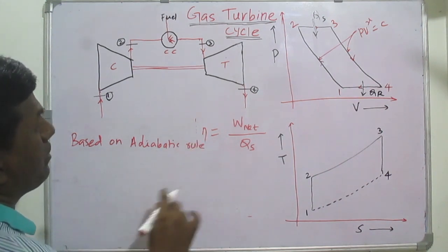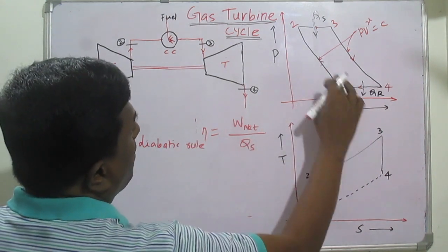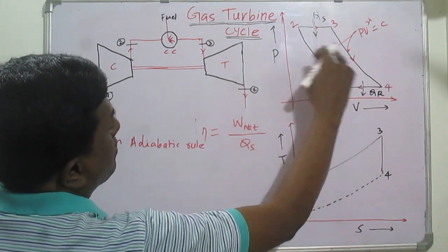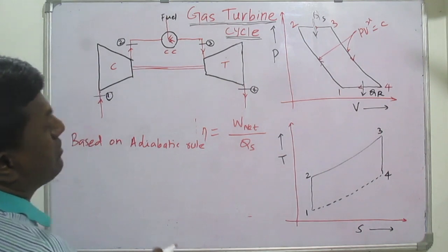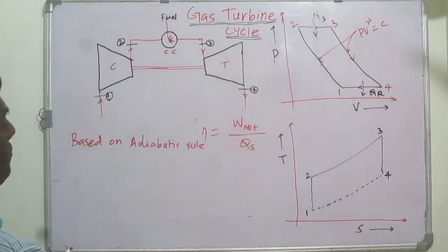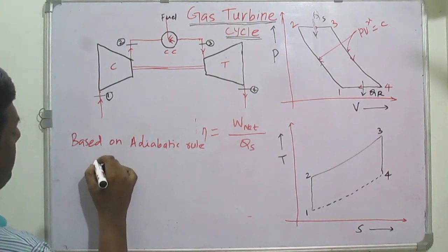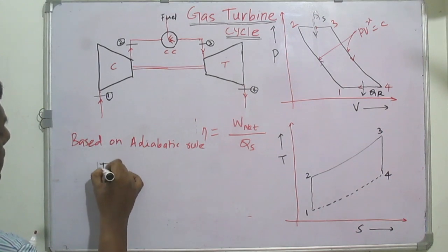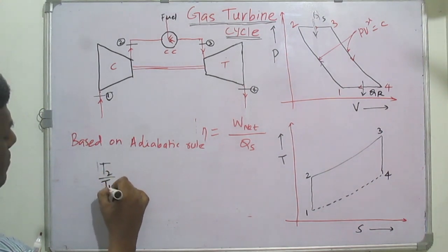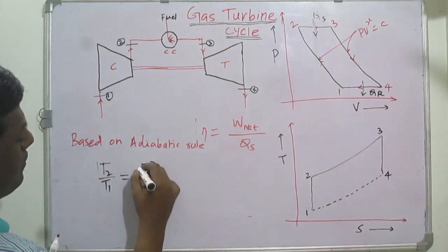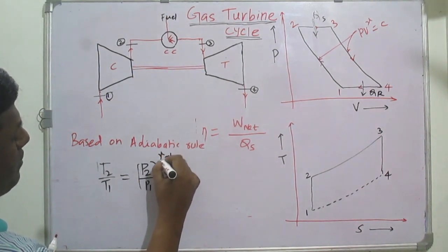This is because 1 to 2 and 3 to 4 are isentropic compression and isentropic expansion. So for the isentropic compression, we can write T2 by T1 equal to P2 by P1 whole power gamma minus 1 by gamma.